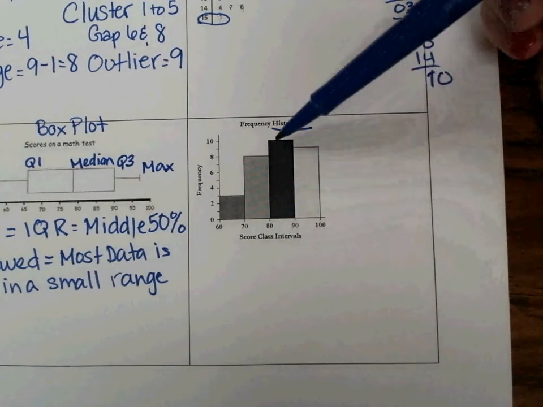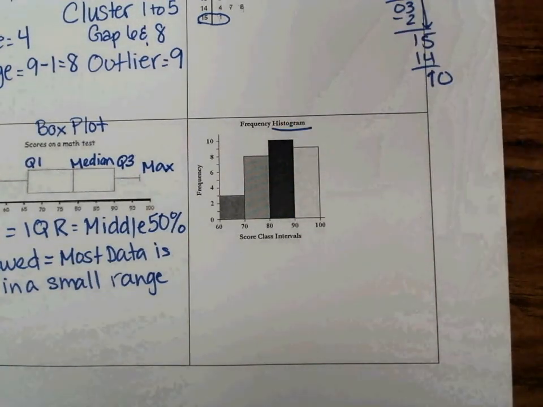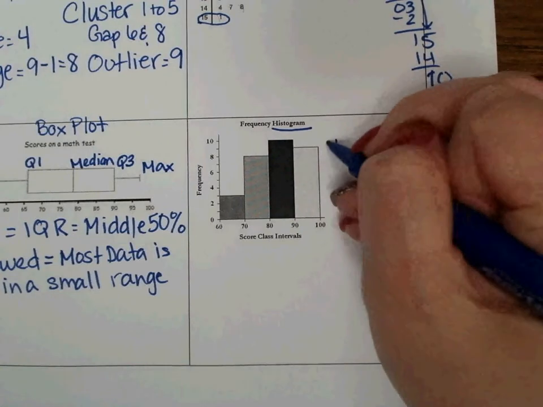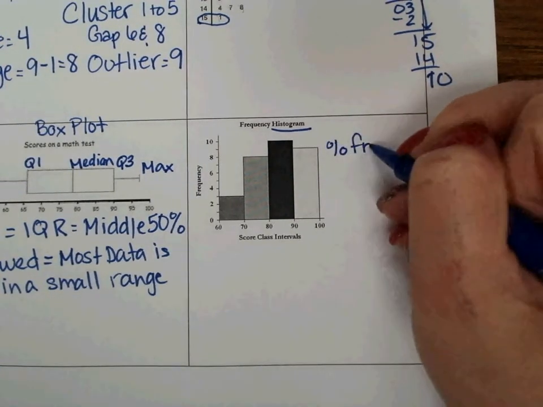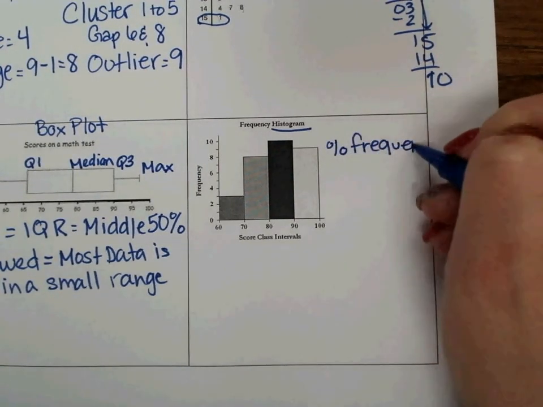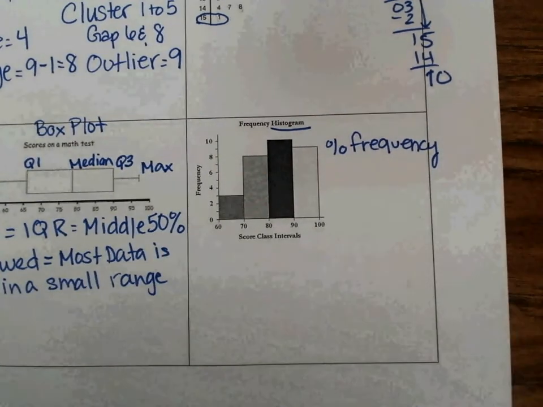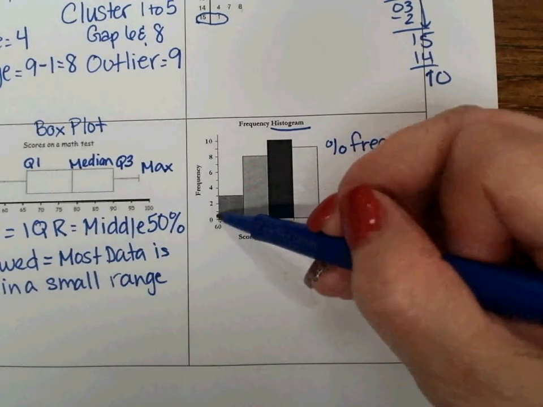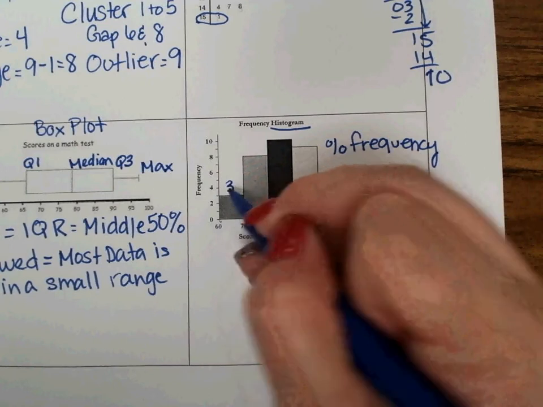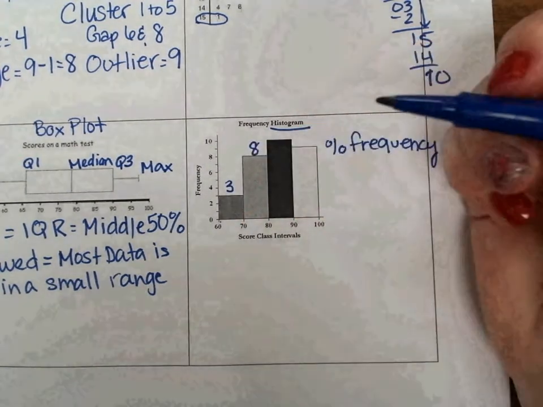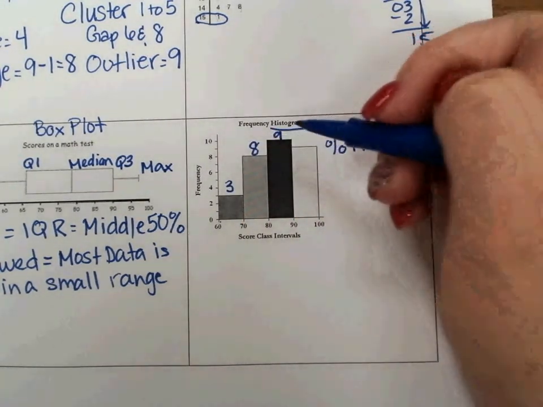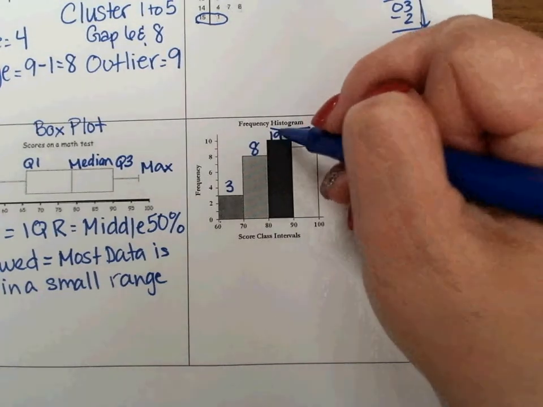You can find out where most of your numbers lie. You can find frequency. You can find percent frequency by finding out how many of your points are in here. So I see there are 3 here, 8 here, 9 here, or perhaps that's 10.